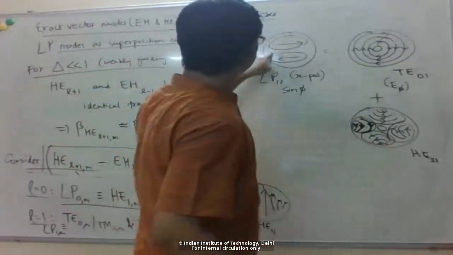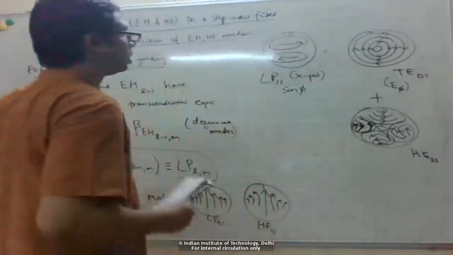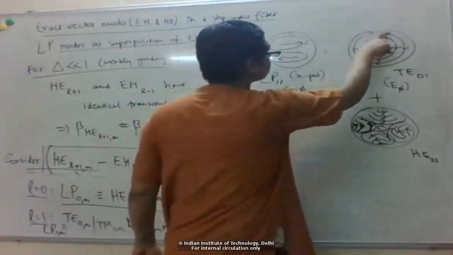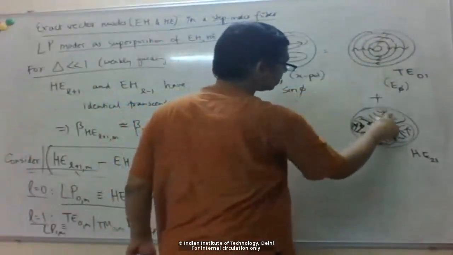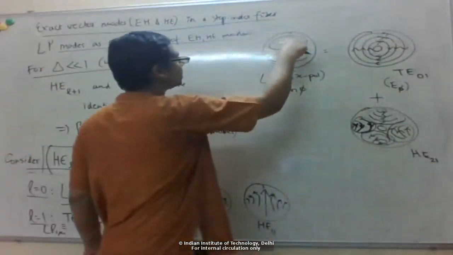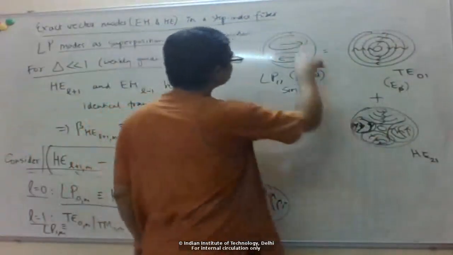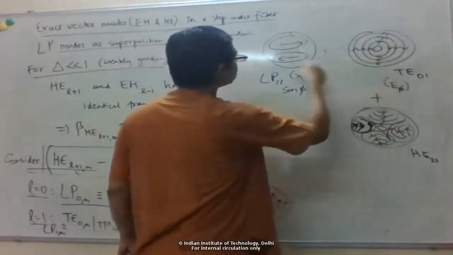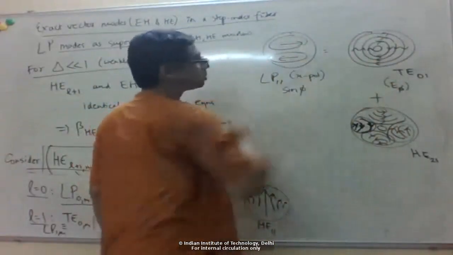So they cancel out. So again you get a 0 here. And now look at what is happening, for example, phi equal to 90 degree. So here it's pointing towards the right. Here also it's pointing towards the right. So they add up. So you get a field maximum here. Similarly, phi equal to minus 90. This is pointing towards left, pointing towards left. You add up, you get a field maximum.